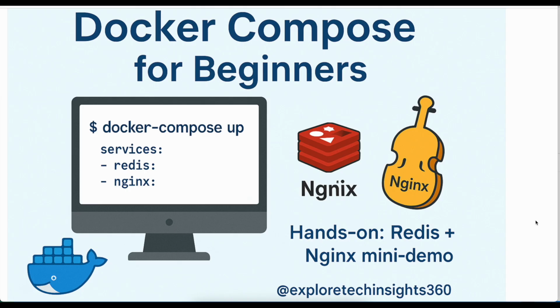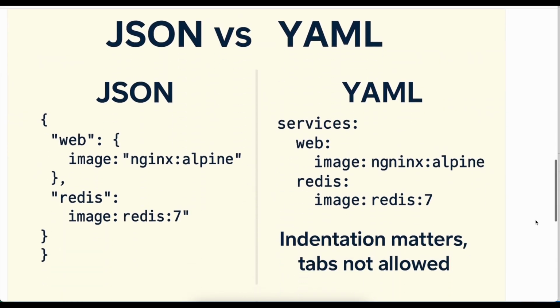Before diving into Compose, let's talk about YAML. YAML stands for YAML ain't markup language, or yet another markup language. It's just a human-friendly way to define configurations using indentation.